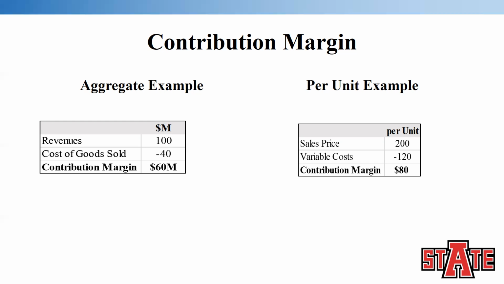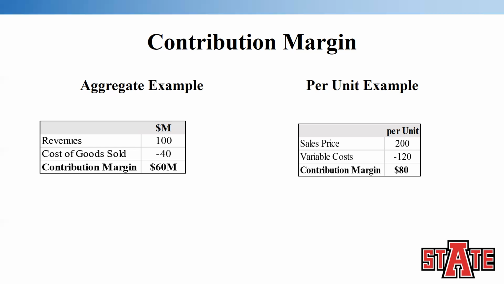On a per unit example, this is the more common application in my mind of contribution margin, where we look at things on a per unit basis. So suppose, for a simplified example, that my company only sells one type of product. We sell each of those for $200 a unit.